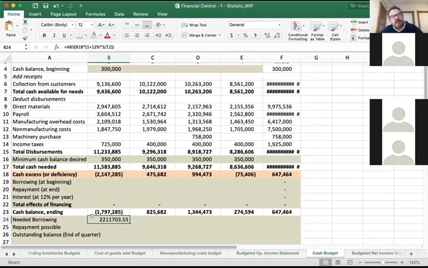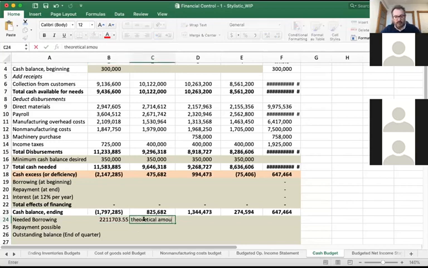So this is a theoretical amount we should borrow, which is principal plus interest, to have at least 350 at the end.